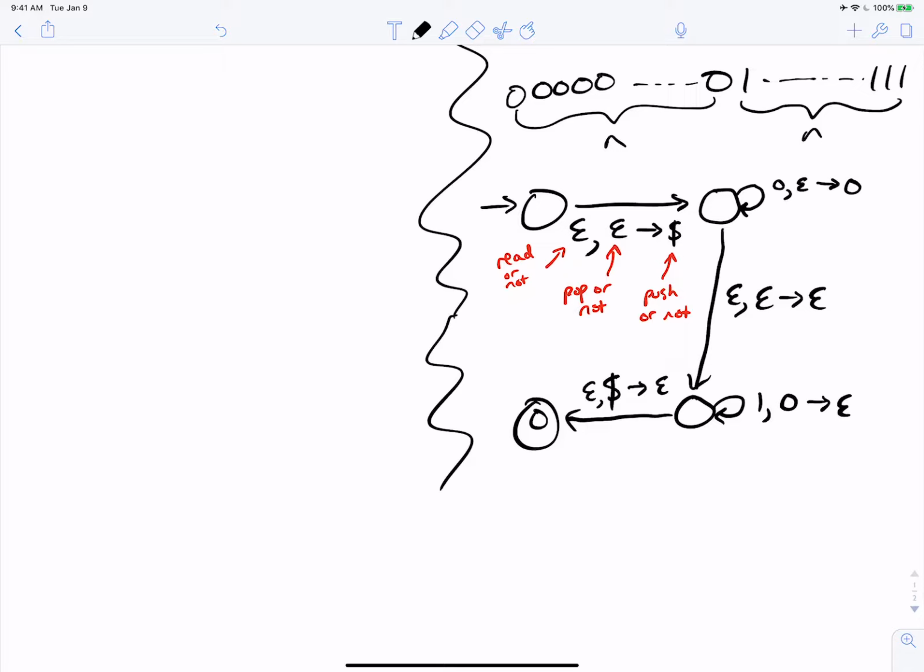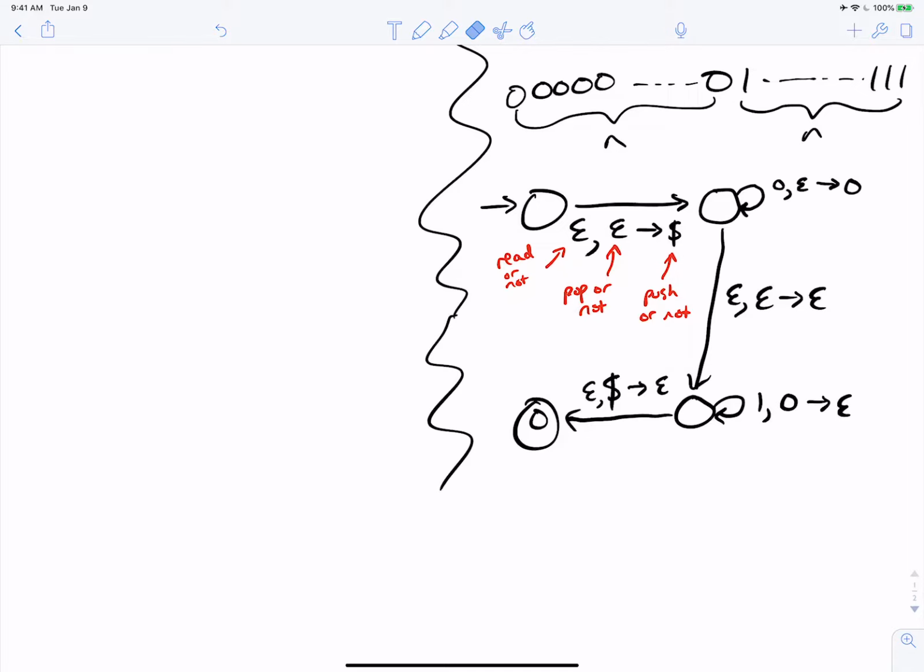Good question. Let's actually go through the case of more ones than zeros. The dollar sign is going to be on the stack no matter what.